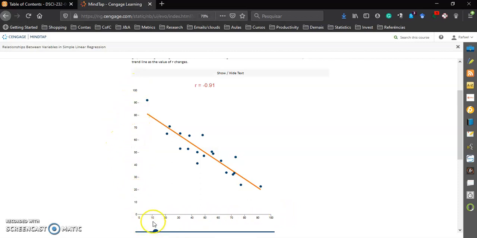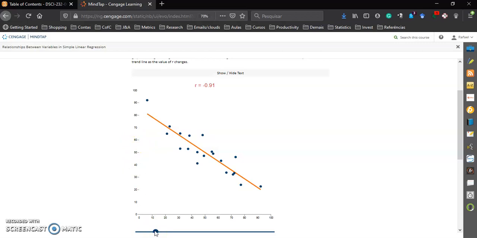Okay, so the car has very low miles, 10,000 miles. Let's say it retains 100% of the price. Let's say that this is the retained amount of the original price or something like that. As we increase the mileage, the price of the car goes down. Okay, so that's a negative relationship.